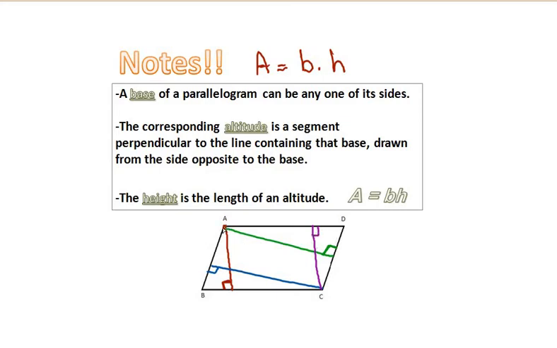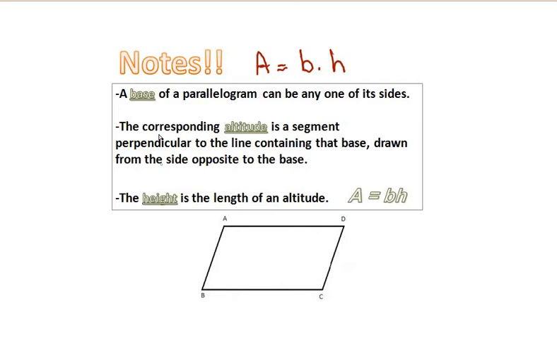Or I can draw the altitude from B on the extension of AD. So I extend side AD and draw the altitude on the extension of this side. So this is the altitude when the base is AD, and the length of this altitude is the height. So the base can be any of the sides, but the height is the altitude from the opposite side on the base you chose. Also, the altitude can be outside the parallelogram.